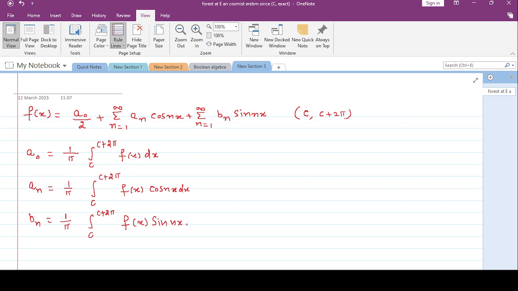So I quickly discuss the case that if I take a c value equal to 0.